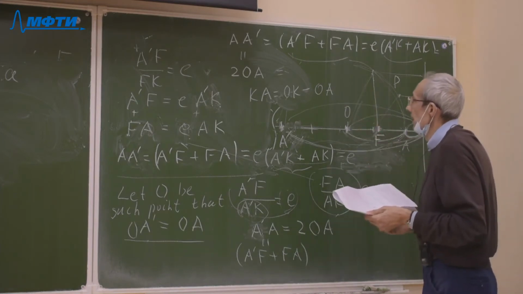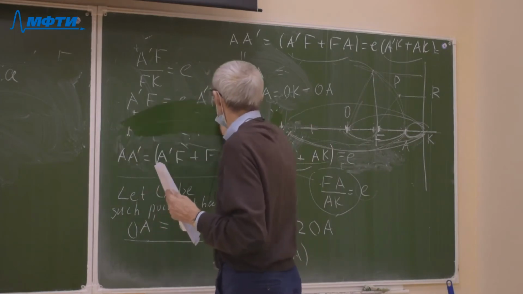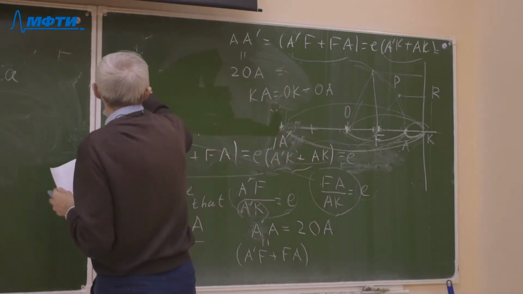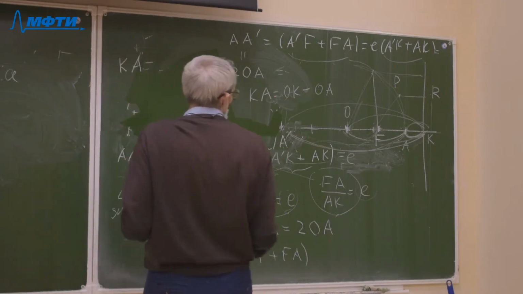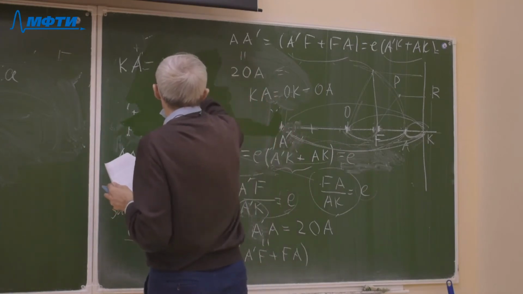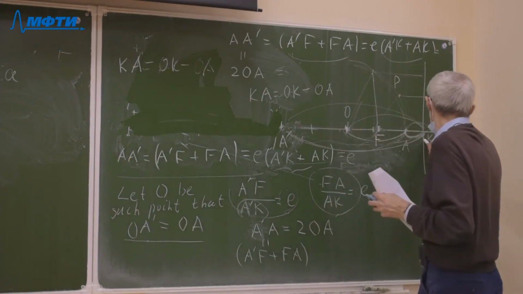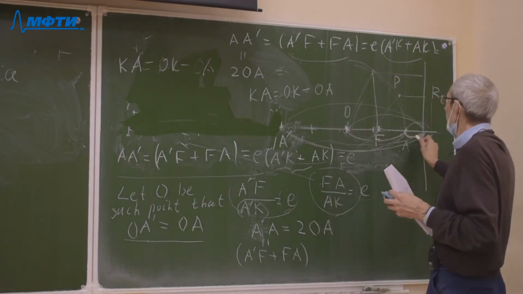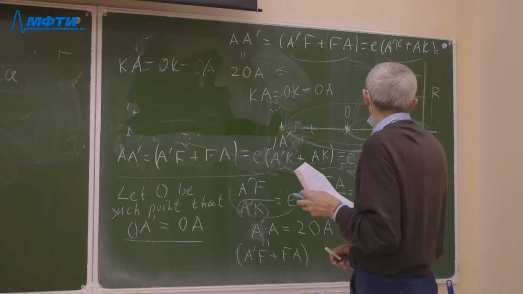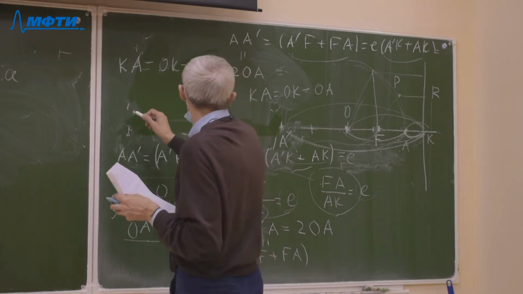And KA is equal to the difference OP minus OA, AK.